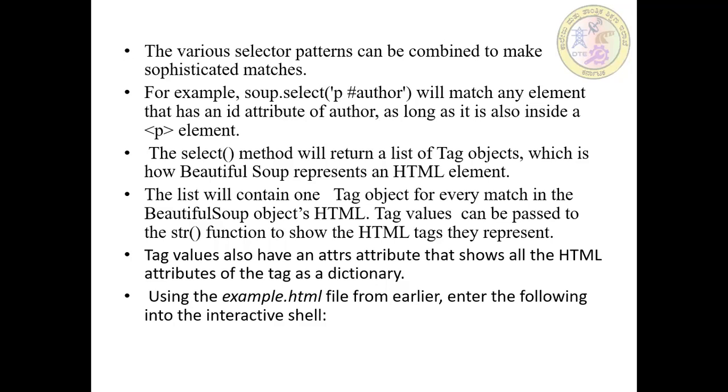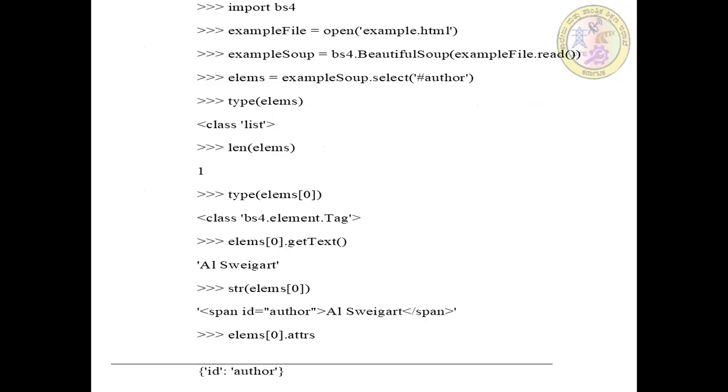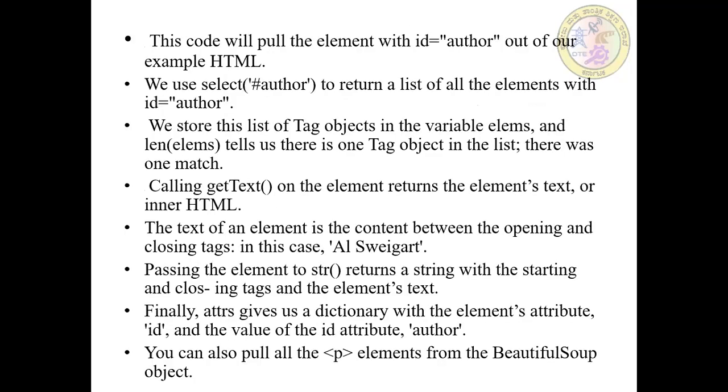Using the example.html file from earlier, this is the code for extracting the elements. This code will pull the element with id equal to author out of example.html. We use select('#author') to return a list of all elements with an id of author. We store this in elems. Calling getText on the element returns the element's text, or inner HTML.